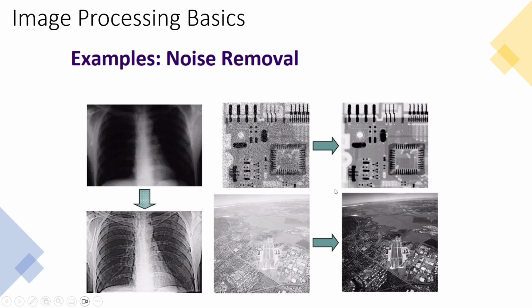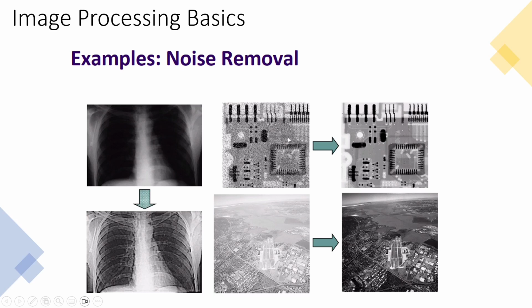We can also use image processing for noise removal. We have a tomography image or an X-ray image which doesn't give a lot of information as the original image, but if you apply some filters, you come up with a much better looking image. The same here: there is a lot of noise, and these little salt and pepper guys are called noise.